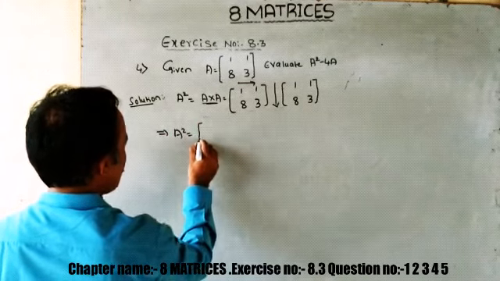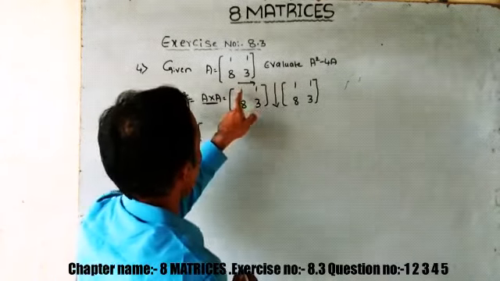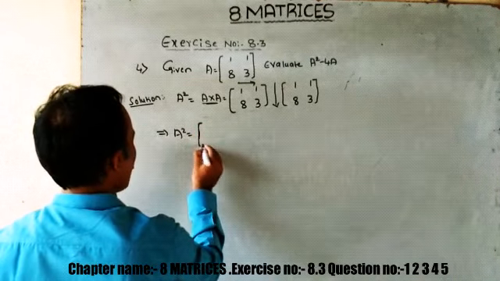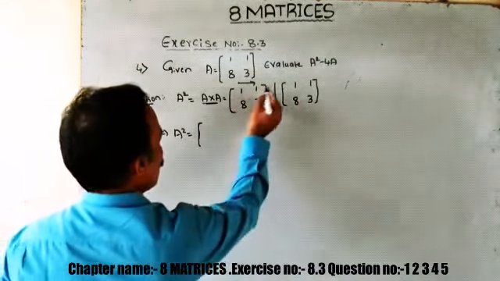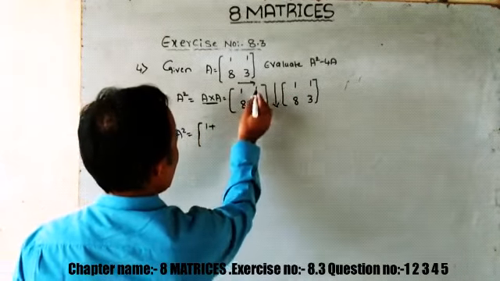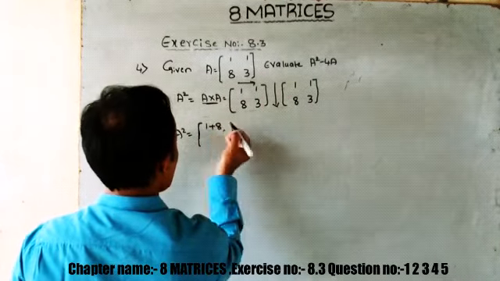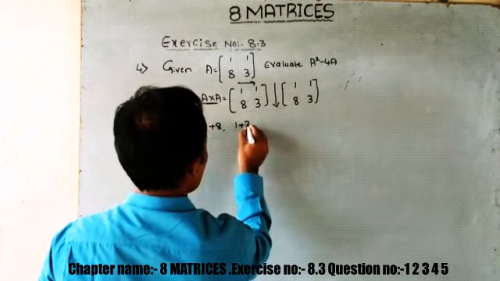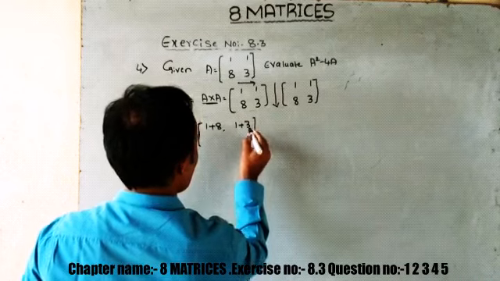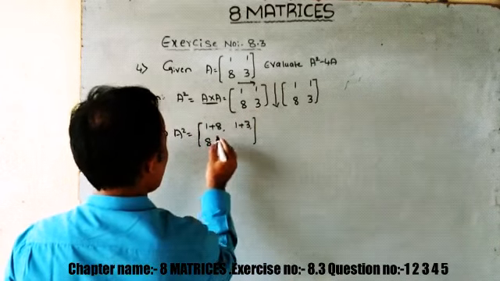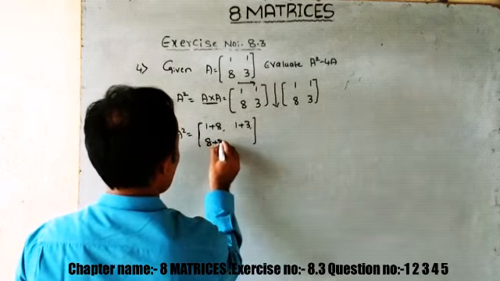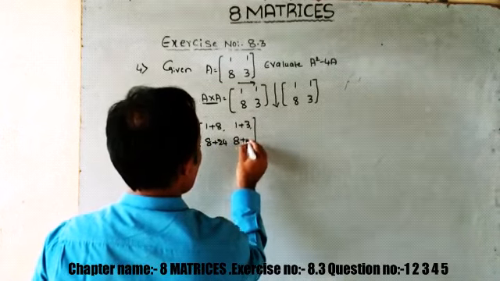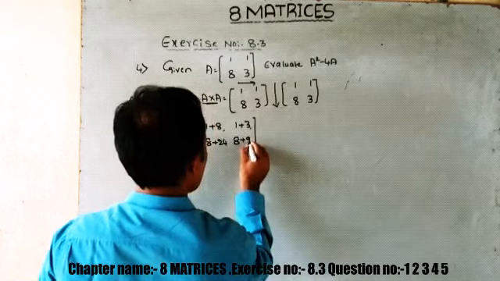Yes, I will write a direct answer. Consider first row, first column. 1 into 1, 1. There is no question of sign here because all terms have positive sign. 1 into 1, 1, plus 1 into 8, 8. Again 1 into 1, 1, plus 1 into 3, 3. 8 into 1, 8. 3 into 8, 24. 8 into 1, 8. 3 into 3, 9.